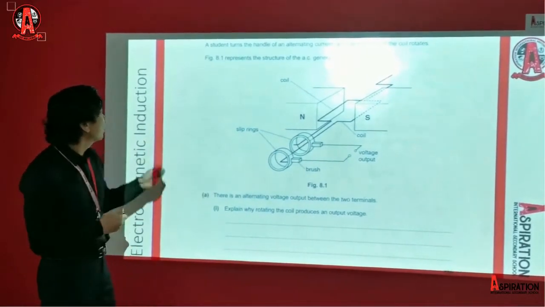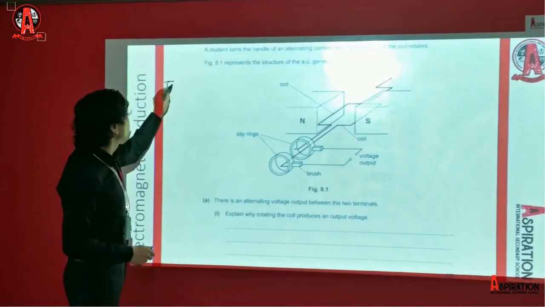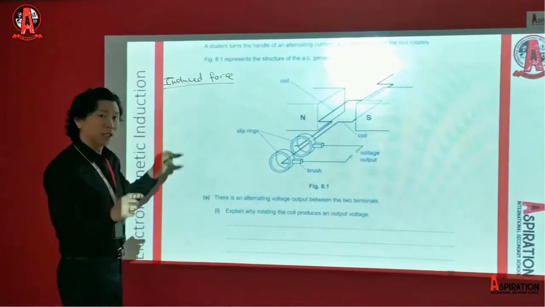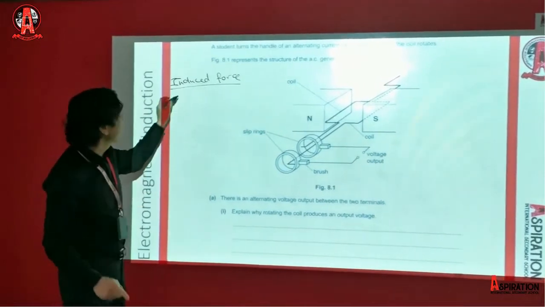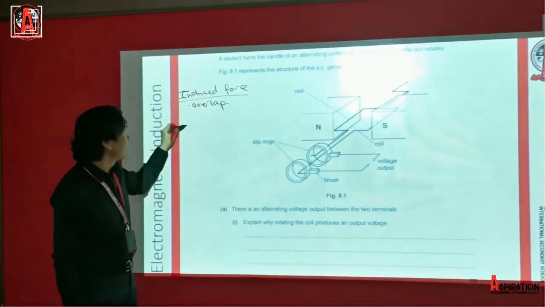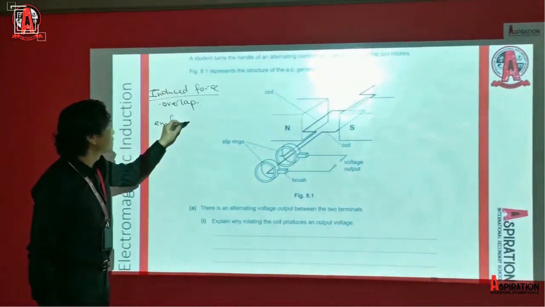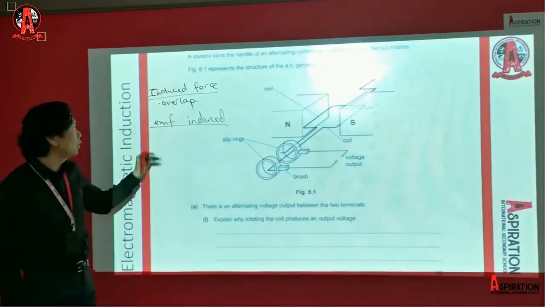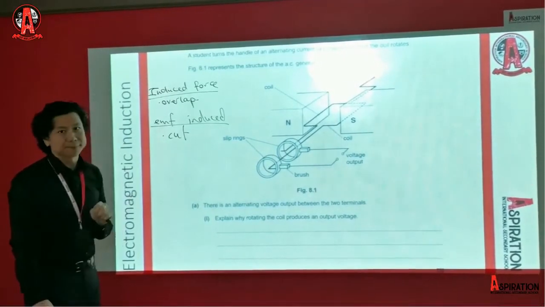The previous scenario is induced force. Now the keyword for induced force is, do you remember? It is overlap. But in this case, EMF is induced. Now for EMF being induced, the keyword that we use is cutting.